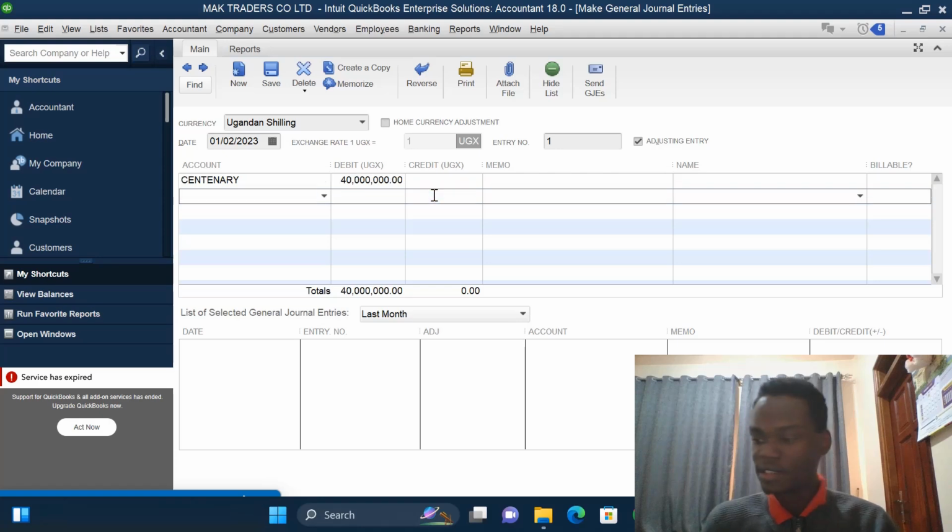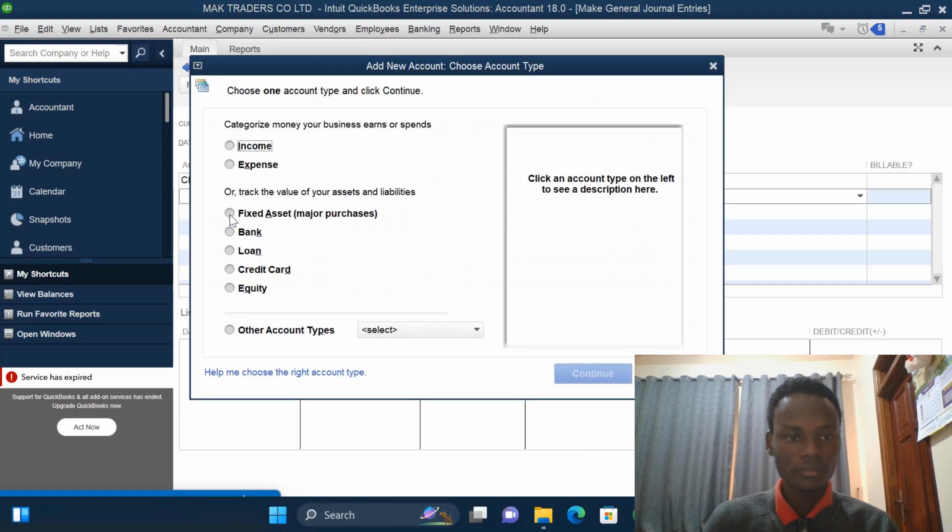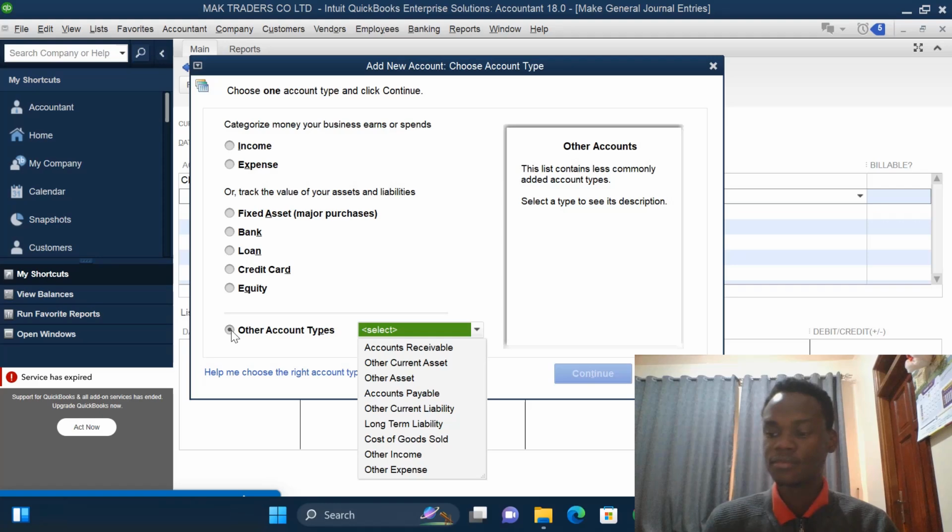Then we shall credit our cash. However, we don't have a cash account, so we shall have the petty cash, but we can create a cash account. So we shall go to other types of accounts, then other current assets.